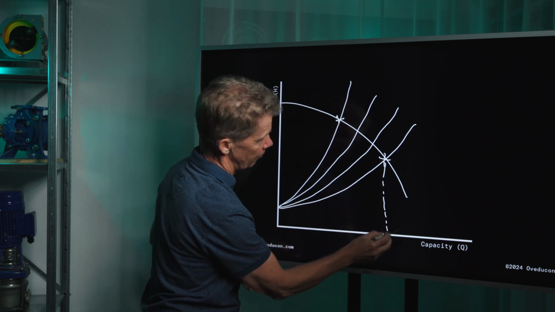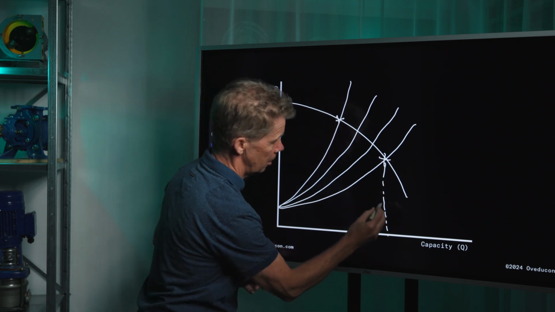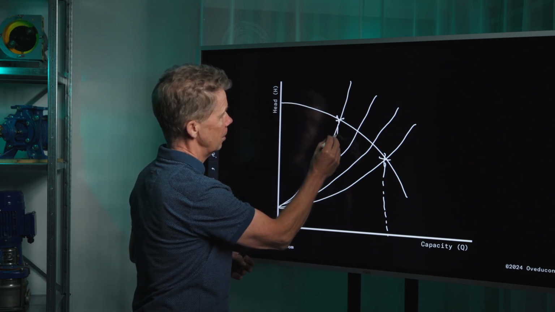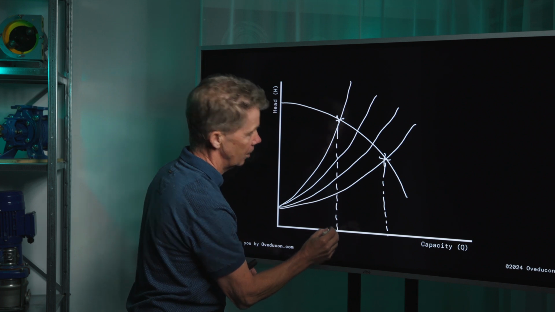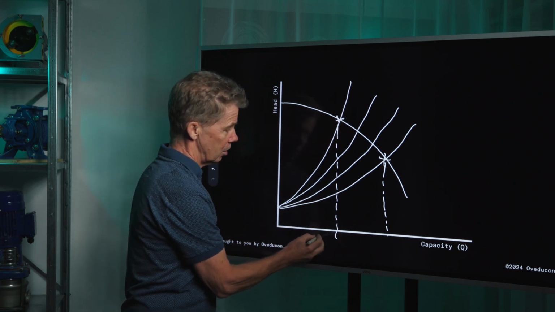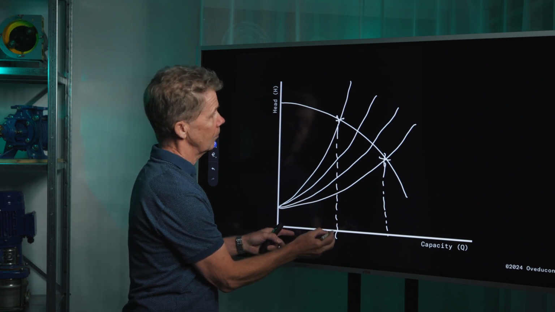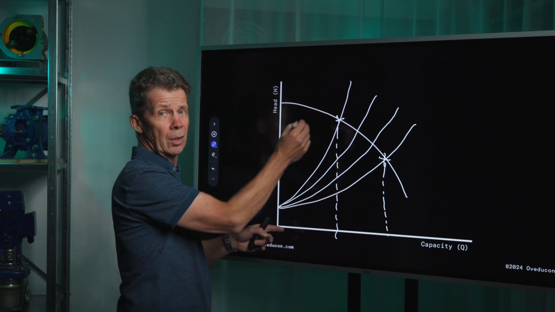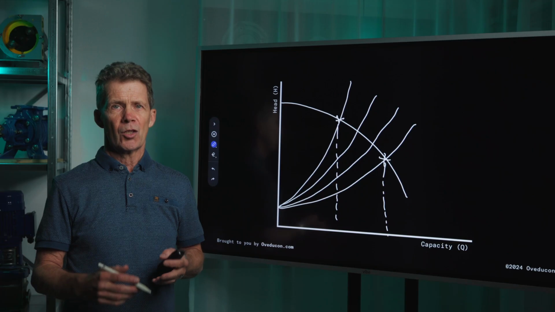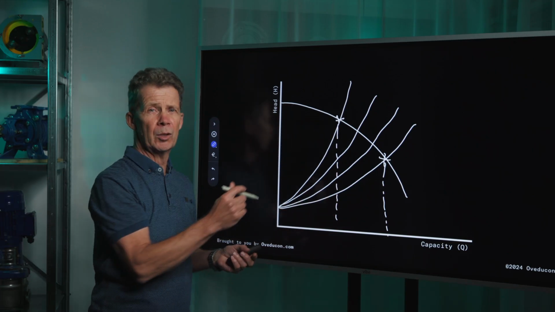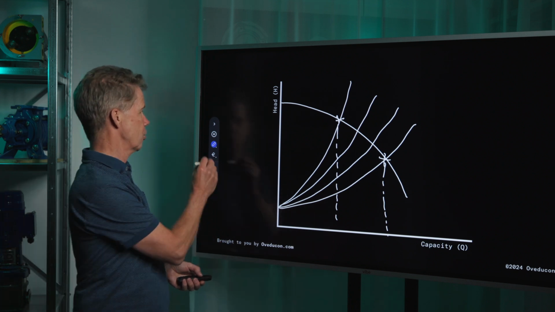On this point, your pump is producing this amount of capacity, and here this amount of capacity. So your capacity is going down and your total head of your pump is going up. So that is a very big change. So your operating point is moving to the left because of the higher pipe friction.